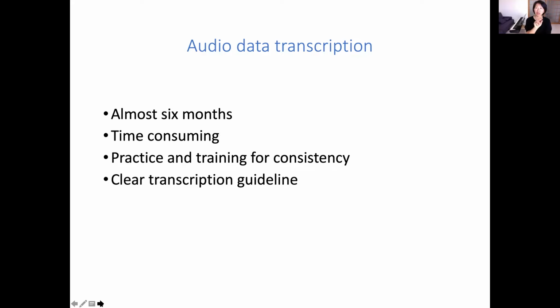So I would recommend, if people want to transcribe their audio data, that before they start, they do some practice, some training, so that there is consistency. And also if you want to ask some people to transcribe some of your data, or if you're going to pay someone, make sure you have very clear guidelines for them as well.